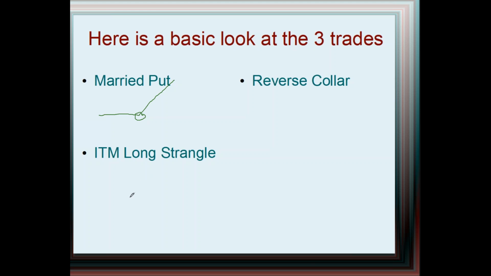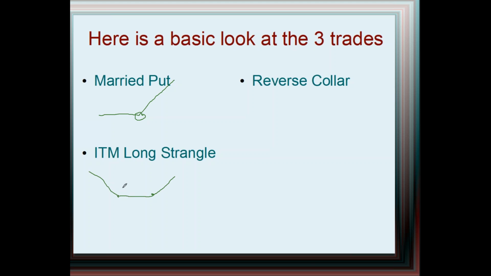Now the in-the-money long strangle, rather than pay the money to buy the stock and protect it with a put, adding more cost to the position, we're going to use leverage to buy an in-the-money call and at the same time buy an in-the-money put. So we end up with what's called a strangle, which can profit to the upside and the downside in case of wild swings.